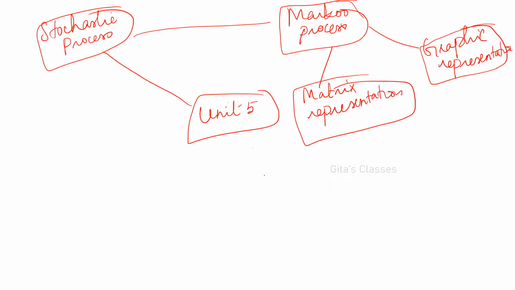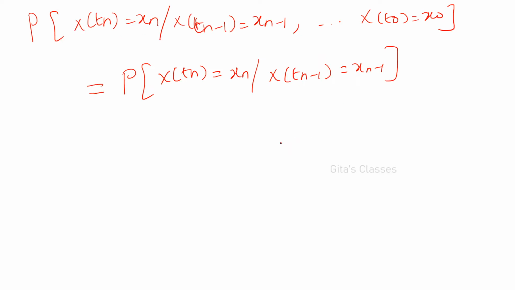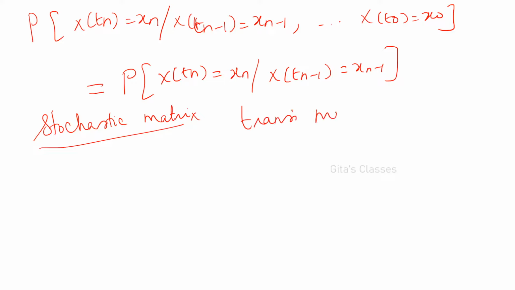Okay. Then next is the stochastic matrix. What is a stochastic matrix? It is a transition probability matrix. It is a TPM or transition matrix of some Markov chain.